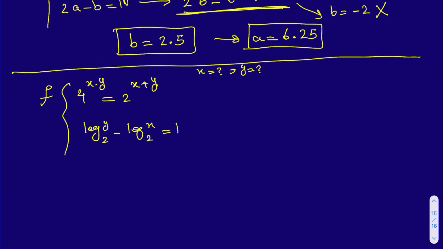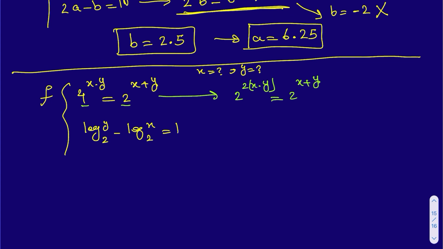So simply I can say immediately that I need to convert these two bases. I need to make these two bases similar. So here it is 2. I can simplify 4 also. I can make it 2 to the power of 2. So therefore I can write 2 to the power of 2xy, and this will be equal to 2 to the power of x plus y.